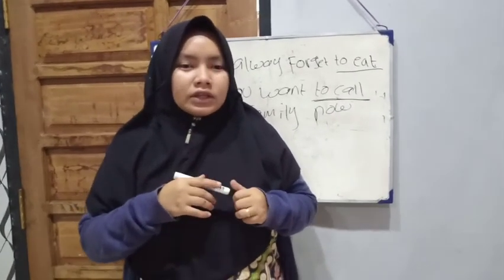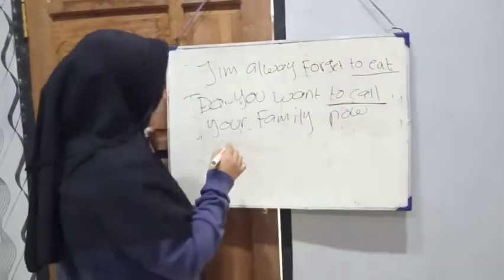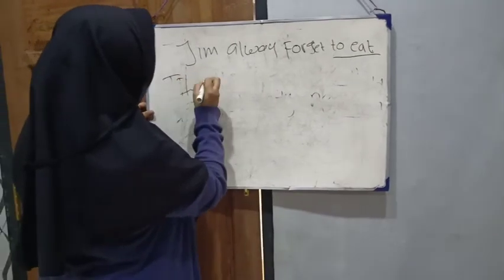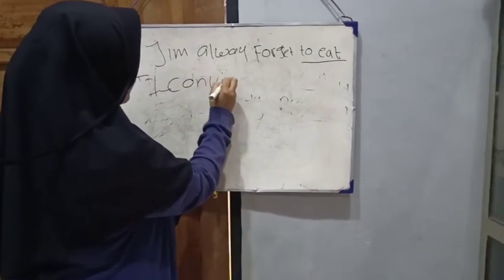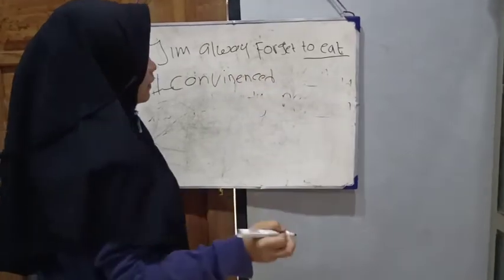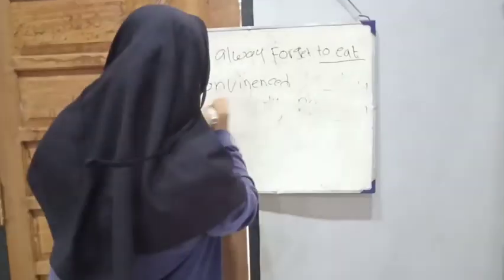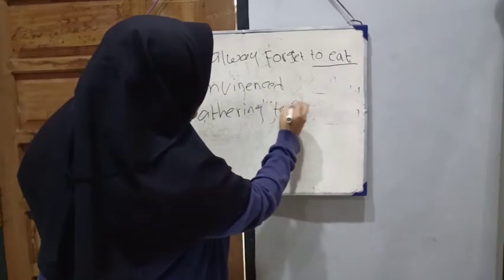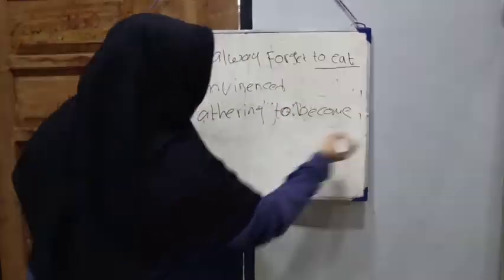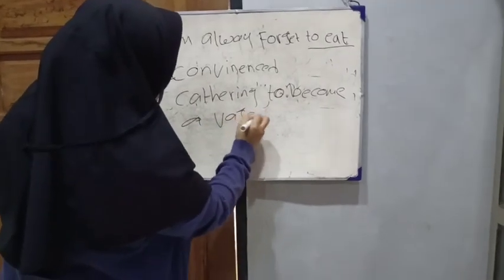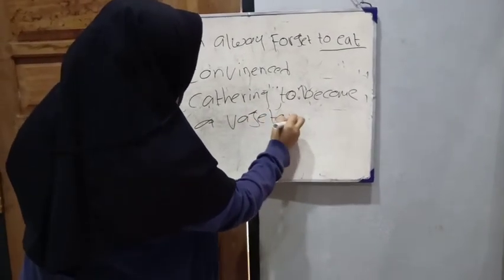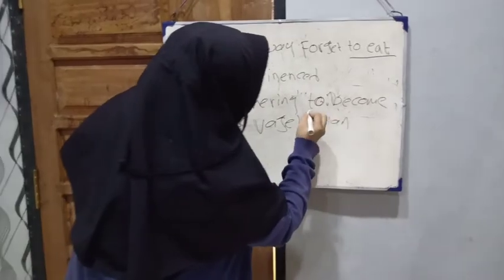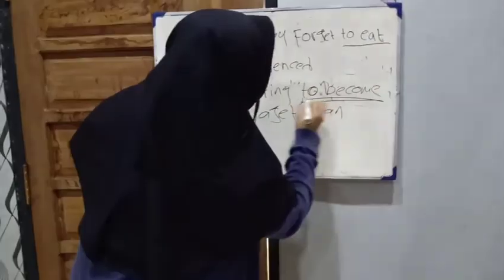We can use an example like, I am confident Catherine to become a vegetarian. And we underline to become, like that.